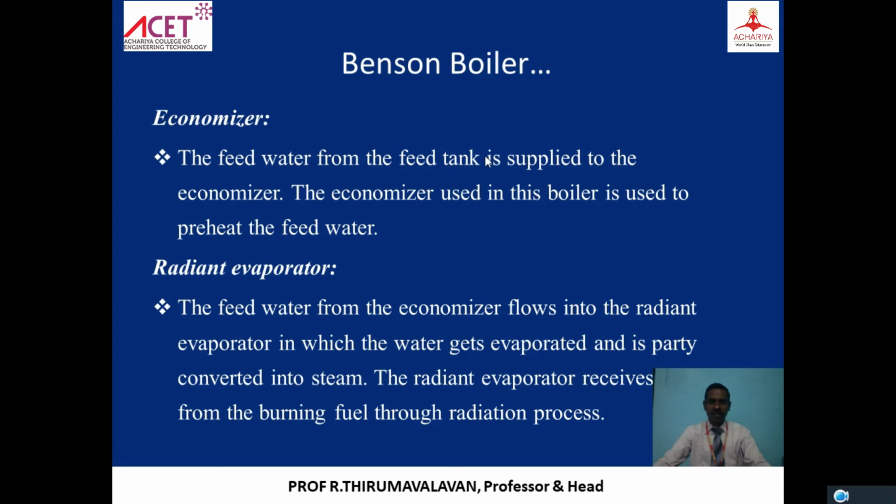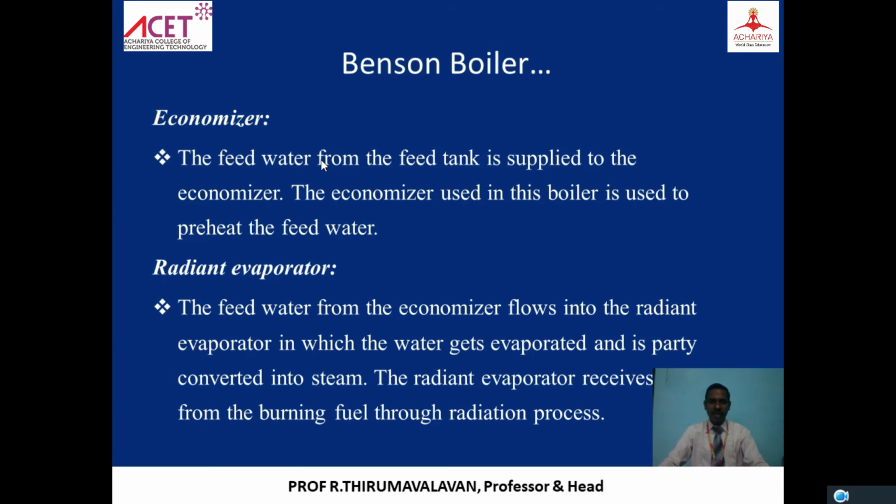If you are going for the Bunsen boiler, first and foremost is the economizer. We all know the economizer is a device which preheats the inlet water before supplying it to the boiler, to get easy evaporation. Next, the radiant evaporator.